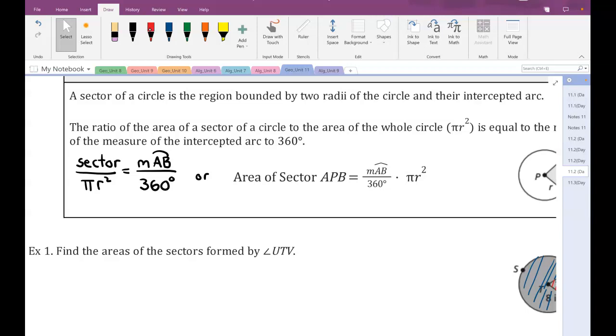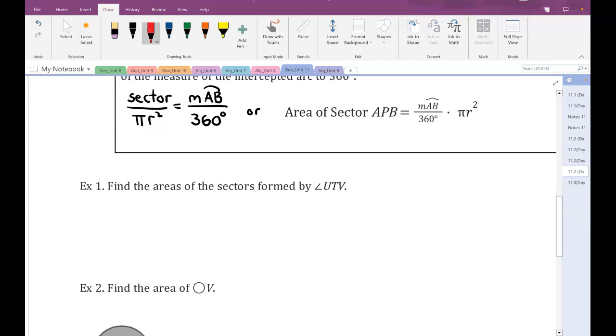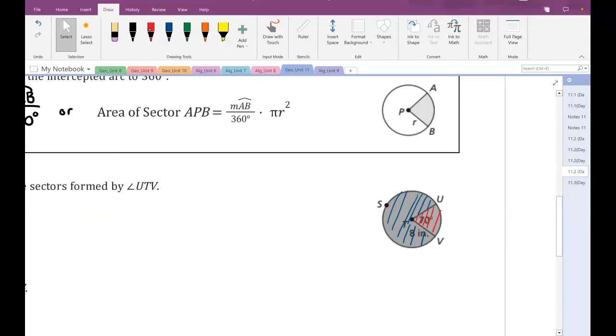So we'll use A for the area of our red sector. So it's equal to the measure of our intercepted arc. And whenever we have a central angle, our central angle measurement is the same as our intercepted arc measurement. So that's 70. That means our intercepted arc also has a measure of 70 degrees.